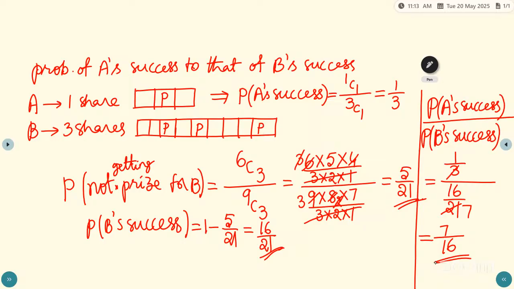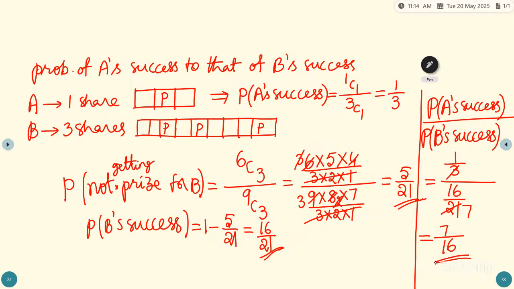If A is getting 7 successes, B will get 16 successes. Whose success ratio is more now?